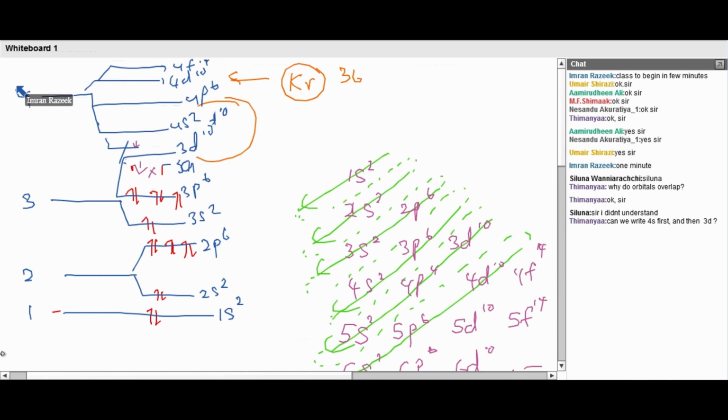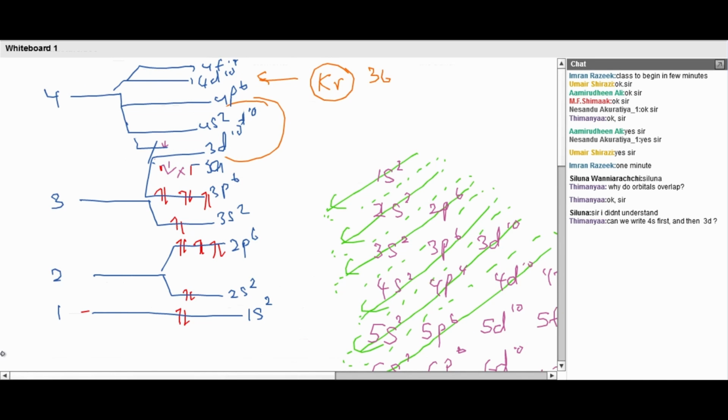Whenever there's orbital overlapping taking place, I will draw like what I drew before. The 4s level is below the 3d level. Listen carefully. 3d is over here. So 4s is filled first. The 3d is filled next.